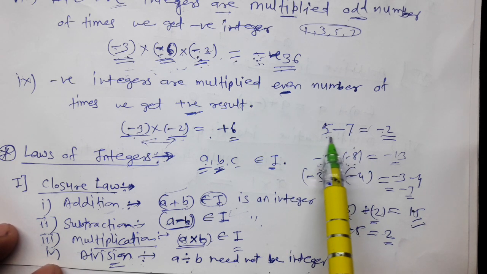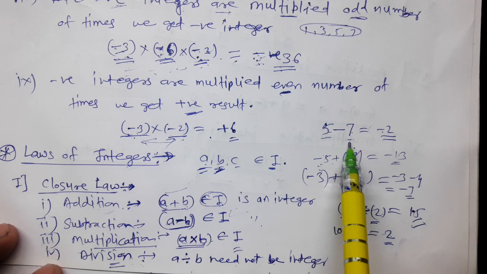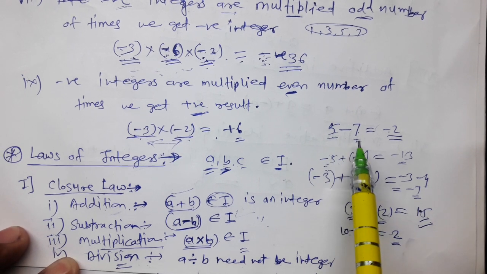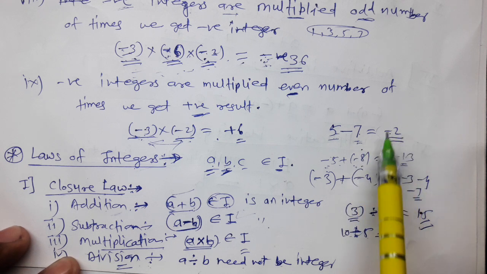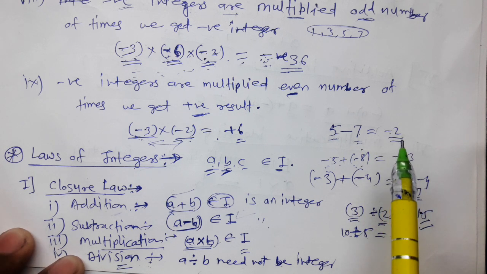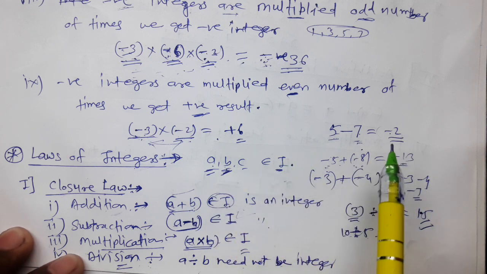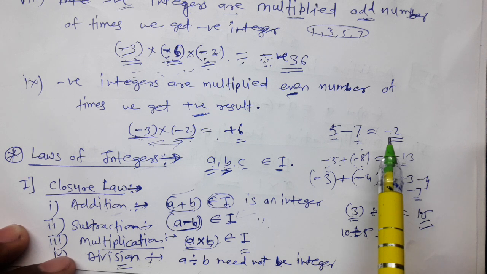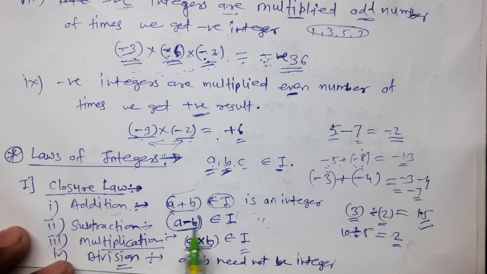Suppose there is one example, 5 minus 7. 5 is an integer and 7 is an integer. If we subtract 7 from 5, we get negative 2. But minus 2 is also an integer. Here negatives of natural numbers are also integers. So minus 2 is also an integer. So a minus b is always an integer if a and b are integers.